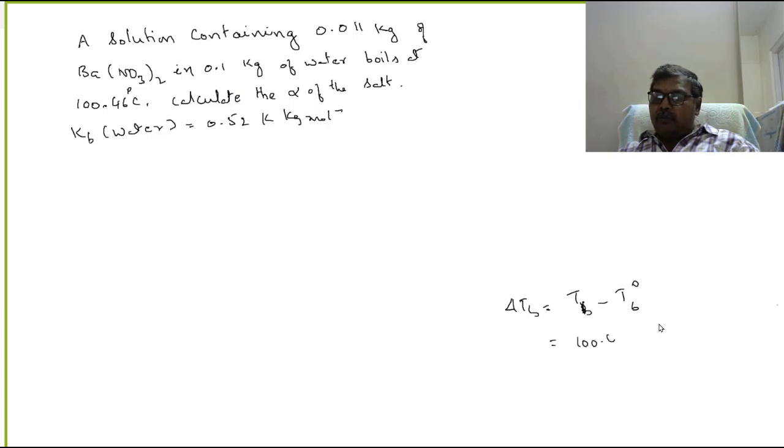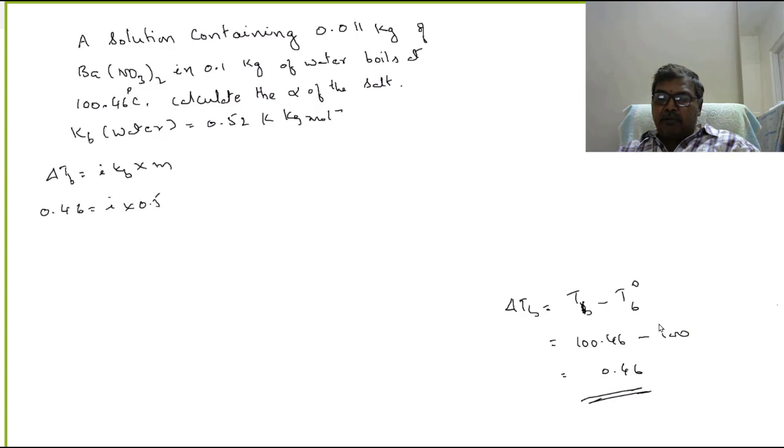Boiling point 100.46 degrees Celsius minus 100, 0.46. This is delta TB. So delta TB is equal to I Kb into m. Delta TB 0.46, I we don't know, Kb 0.52, molality of the solution.